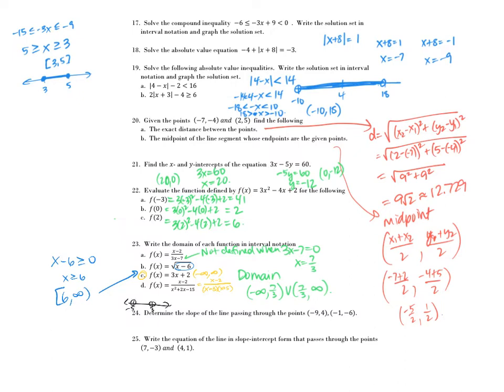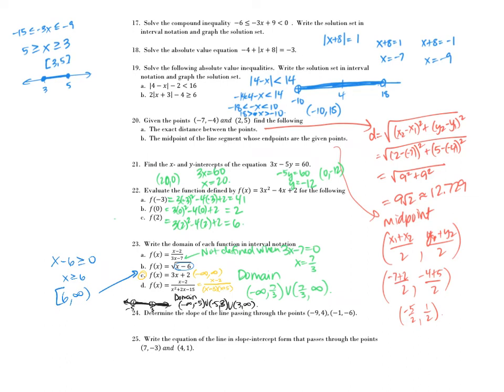So we're throwing those out, but everything else is good. So just not those. So the domain on D is going to be negative infinity to negative 5, union negative 5 to positive 3, union 3 to infinity. That's everything there.